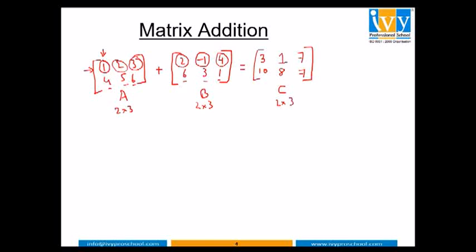Now what if we try to add something like this? So this is a 3 by 2 matrix, and I would like to add it to this.